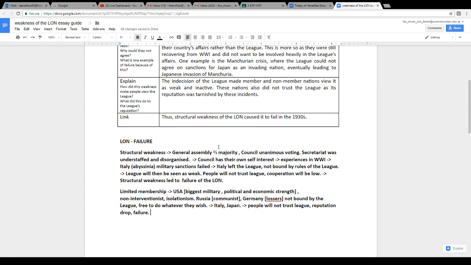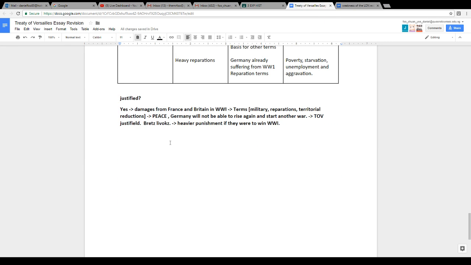so if you say it's justified, not justified, very simple, because Germany was to accept total blame, and this is falling under the war guilt clause. Okay, why is this war guilt clause unfair?